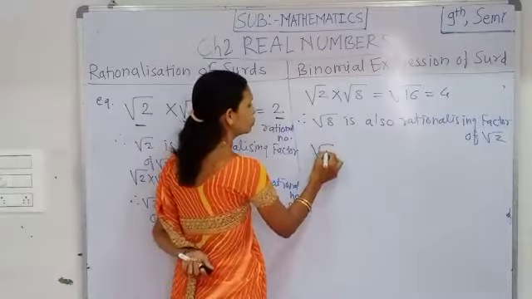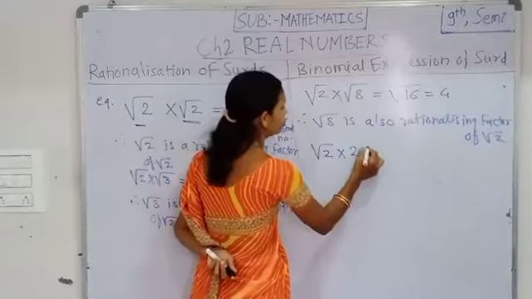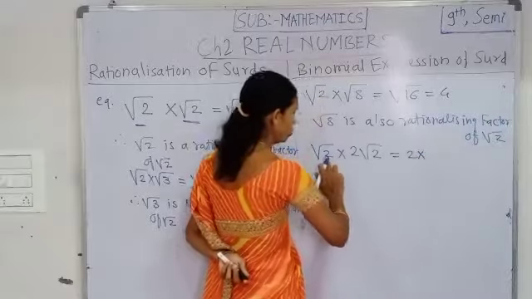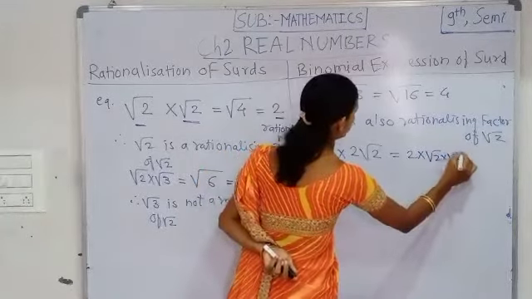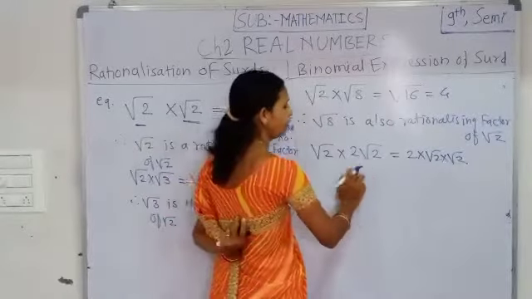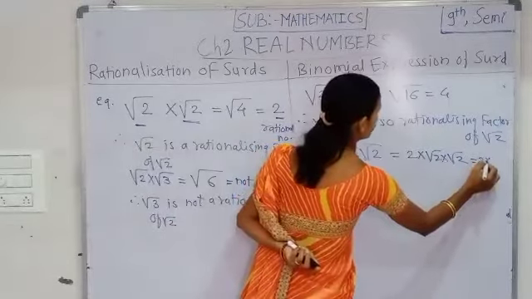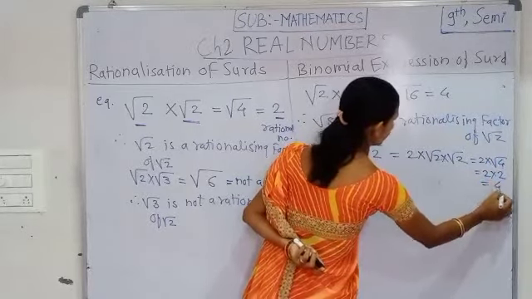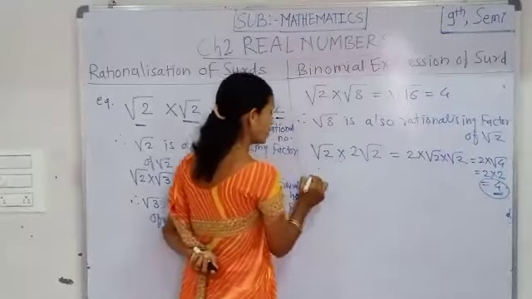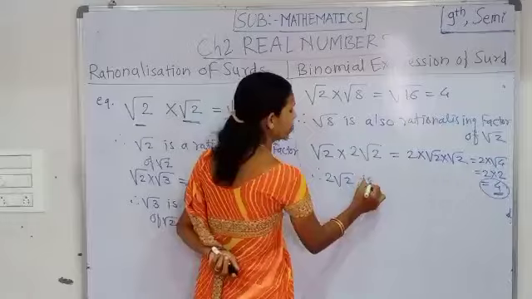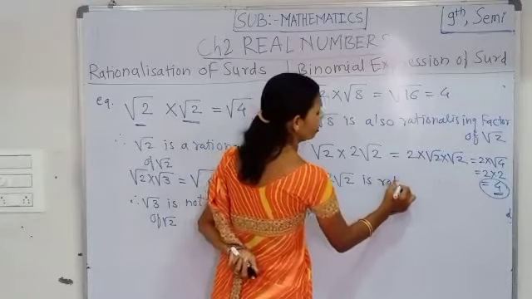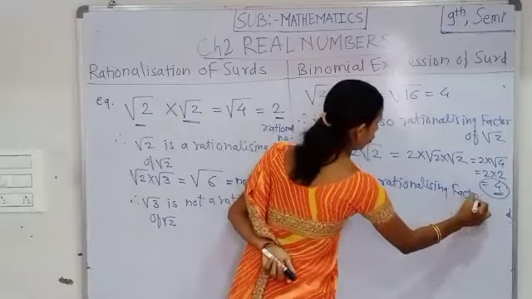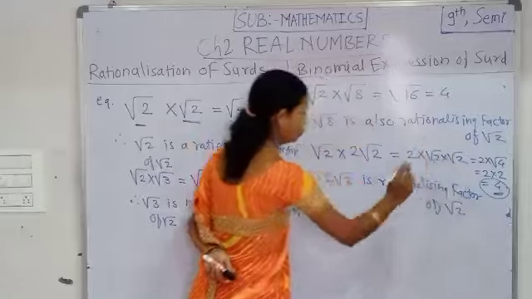Similarly, if root 2 is multiplied by 2 root 2, we get 2 into root 2 into root 2, that is 2 into root 4, which is 2 into 2, that is 4, a rational number. Therefore 2 root 2 is also a rationalizing factor of root 2.